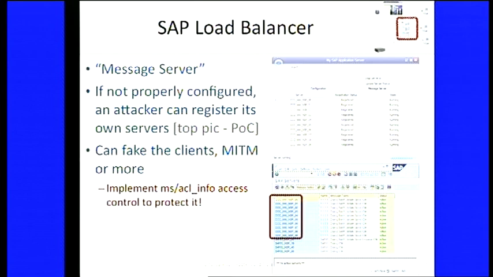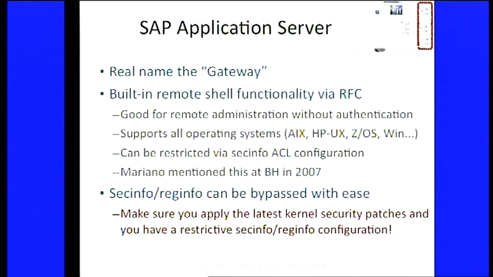Imagine the round robin and similar approaches. You can do man in the middle and a lot of other ugly stuff, which can be prevented if you separate the internal and external communications of the message server. This is actually fixable, which is good. You need to fix and configure an access control list. But you see, this is technical, and it's difficult for people to grasp.